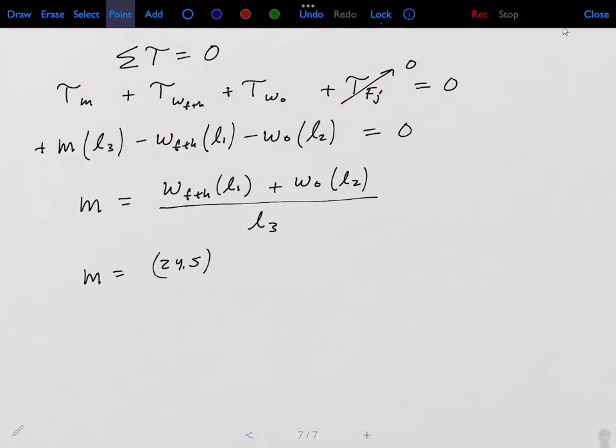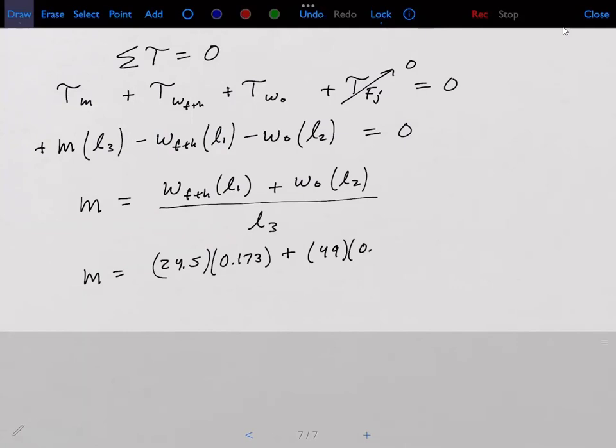Okay, so I'll plug this in. L1 is the moment arm of the weight of the forearm and hand, which is 0.173. Then the weight of the object was 49, the moment arm for the object was 0.303, and divided by the moment arm of the muscle, 0.029.